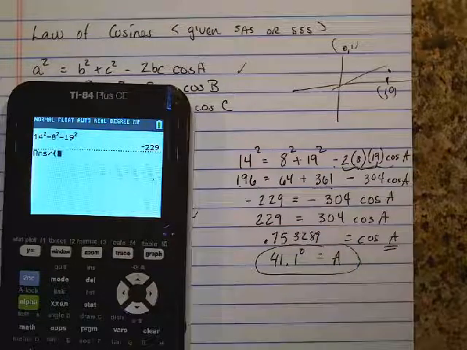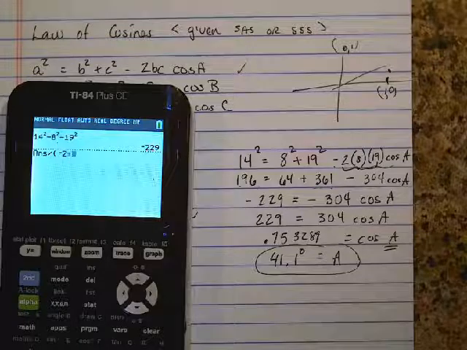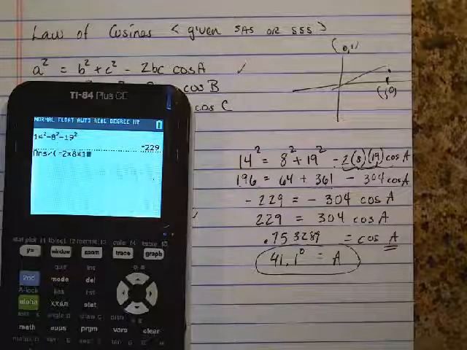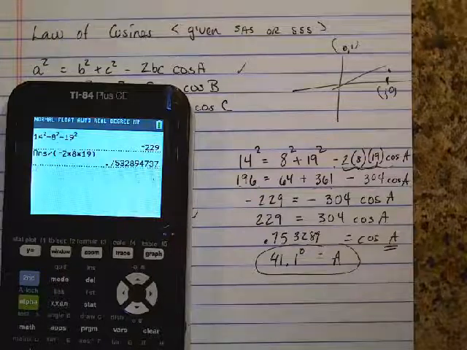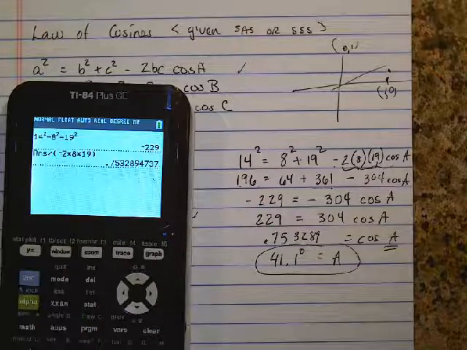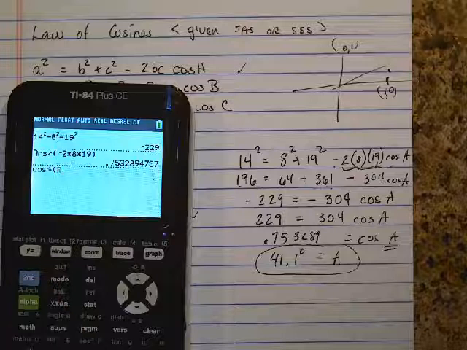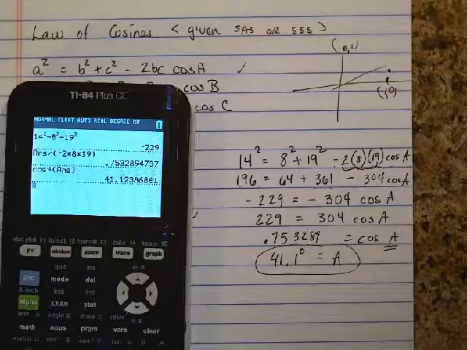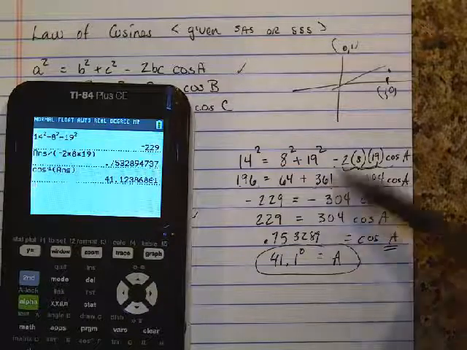So I would put it in parentheses, negative 2 times 8 times 19, parenthesis, and then second cosine of the answer. You're welcome to do it that way, or you can write the whole thing out and go step by step.